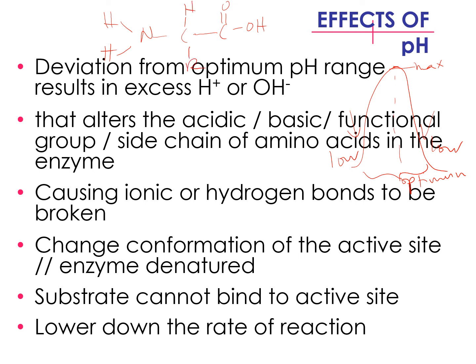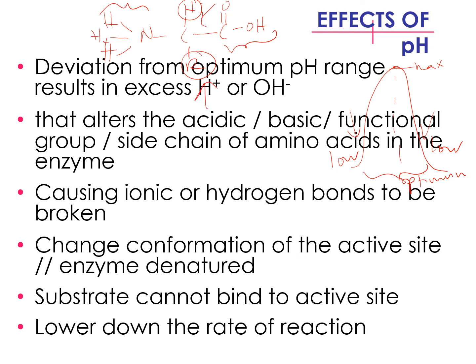Okay, this is the carboxyl group, we have the amino group, we have hydrogen, and we also have the side chain of amino acid. So excessive hydrogen ions will affect, first it will be received by the amino terminals, and then it will affect the hydrogen, it will affect the side chain.